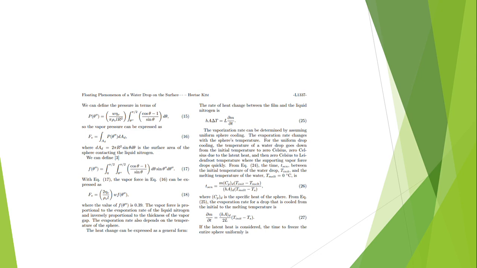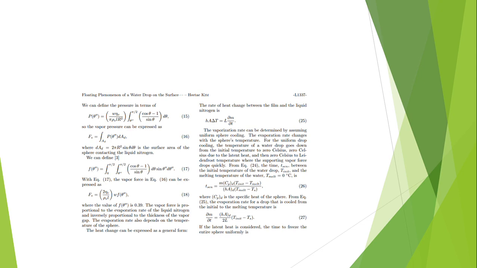That will be equation number 14. From equation number 14, we can define the pressure in terms of P(θ) = ω ηV/(π ρV L R³), and here we apply integration with condition θ from π/2 of (cos θ − 1)/sin θ dθ.